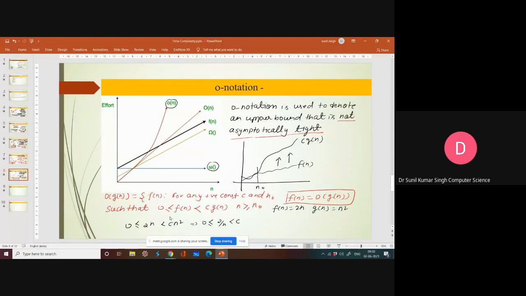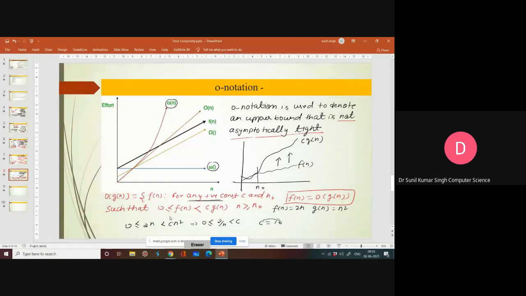Now choose the value of c. For any positive constant, you can choose any value of c. Maybe you have taken c equal to 10. For c equal to 10, definitely it is going to hold.